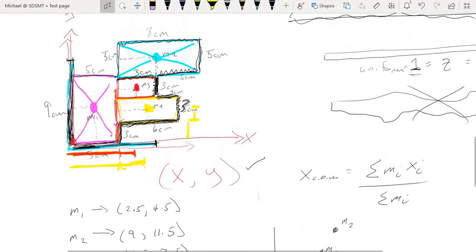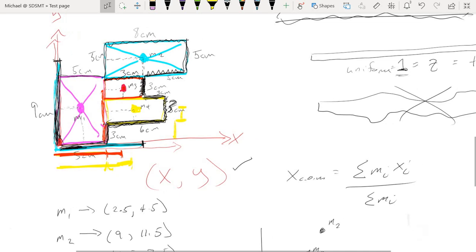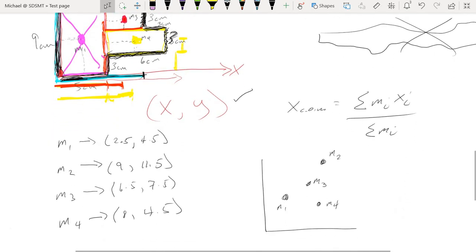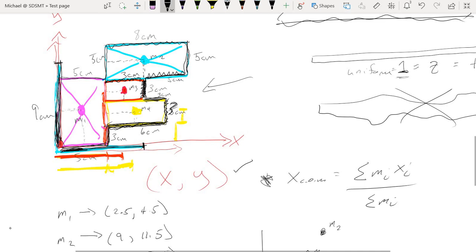So we've taken these 4 symmetric segments, we've found their individual centers of mass, and then we're going to use those in a particle expression. And because we know where the center of mass for each individual particle exists, we can now plug that information into these center of mass expressions to help us find the center of mass for the entire construct.